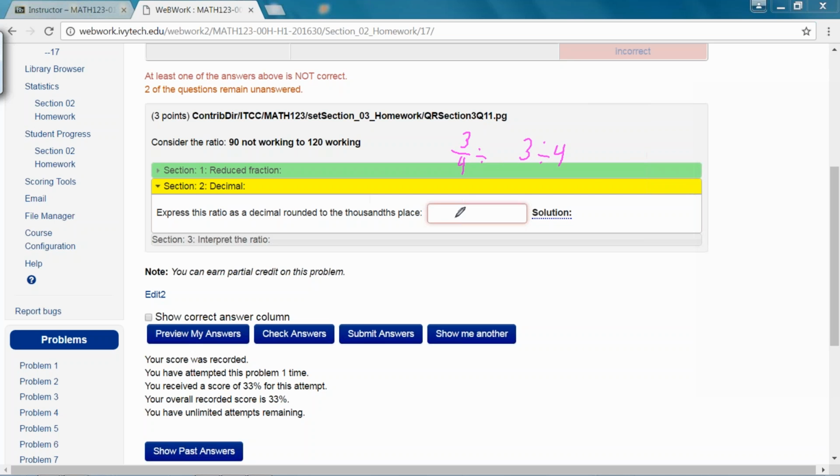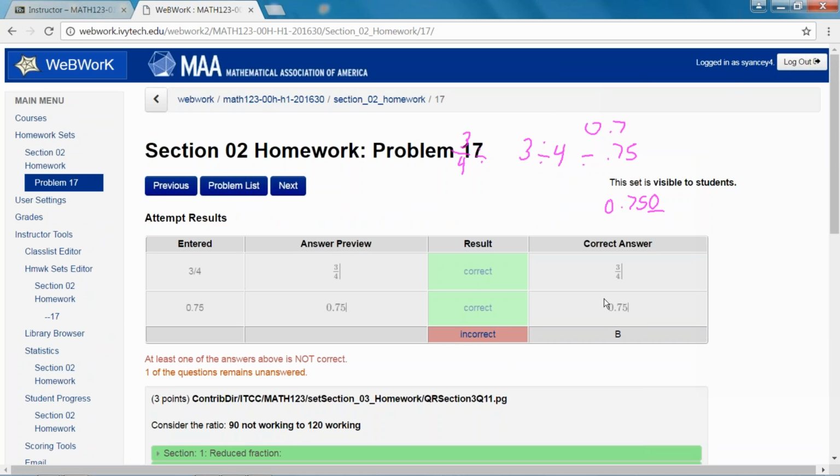And this would be 0.75. Now on some of them they're making us put the 0 in front. And it says thousandths, so they may or may not make you put the 0 on the end. That's one of those you just have to check it and see. 0.75 may or may not need the 0 there. Okay, and it took it. It would have taken it without the 0 as well.